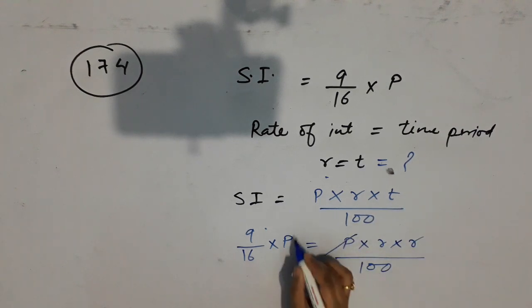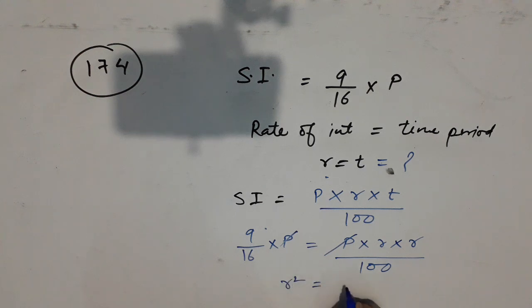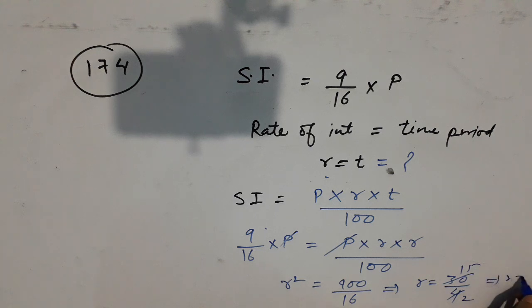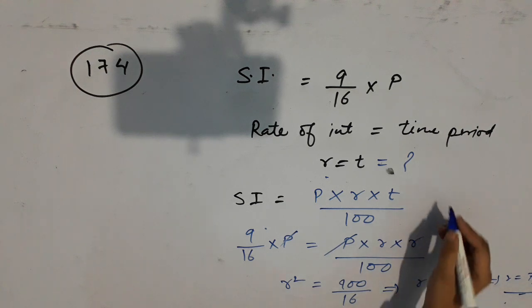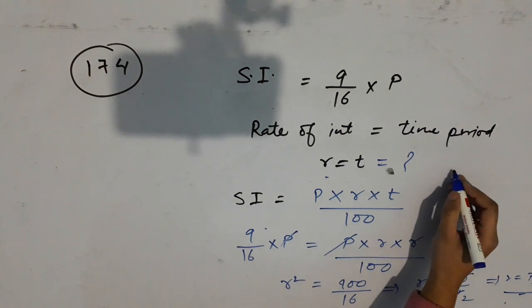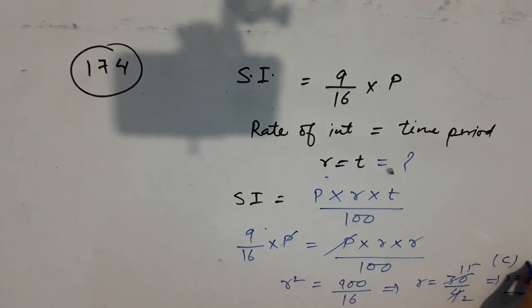Cancel the P and P. This is R square is equal to 900 upon 16, and then R will be 30 upon 4. Cancel it out, 15 by 2, that is 7.5%. So this is the rate, and this is the time also. Means the option is C.